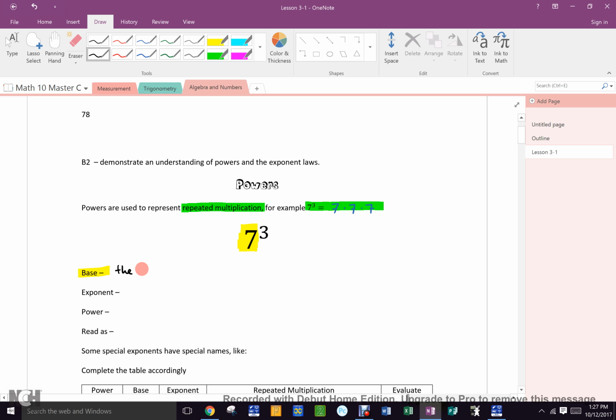The term that is repeatedly multiplied. That's what a base is.